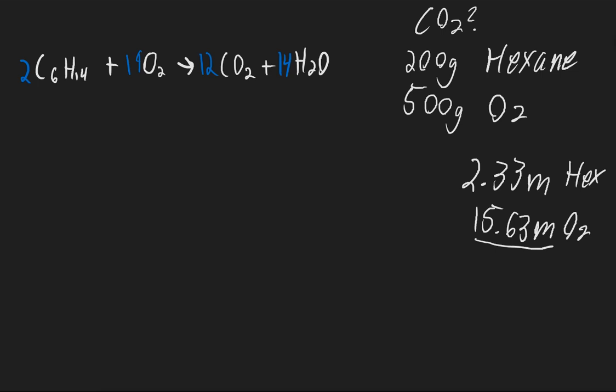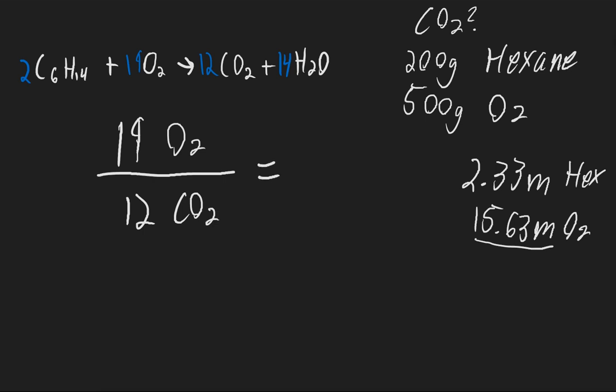And how can we figure out how much CO2 is produced by 15.63 moles of oxygen? Well, again, we can set up a ratio. Going off of our equation, 19 moles of O2 gives us 12 moles of CO2. And we can say that's equal to 15.63 moles of O2 over X, with X being the moles of CO2 we have.